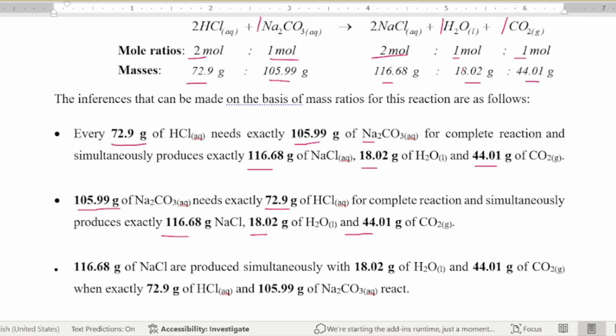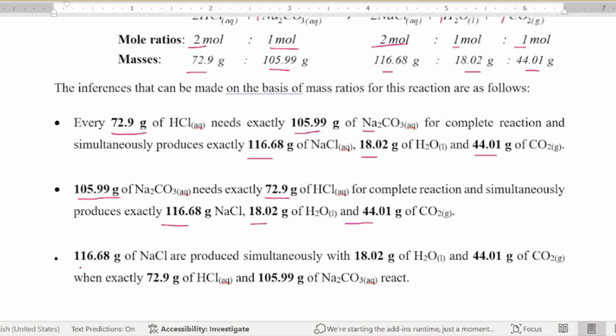From the perspective of this, that amount of sodium chloride is produced simultaneously with 80.02 grams of water, 44.01 grams of carbon dioxide, when exactly that amount of HCl and sodium carbonate are reacted. All right, this is for complete reaction. So now you can see these relationships that exist there.